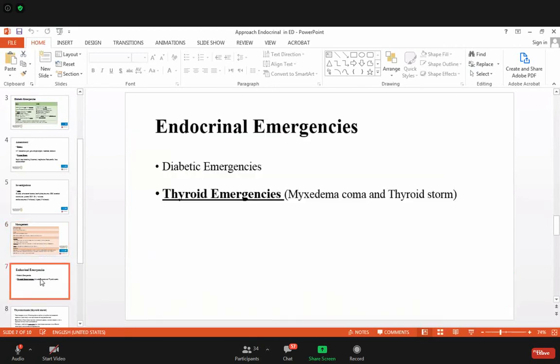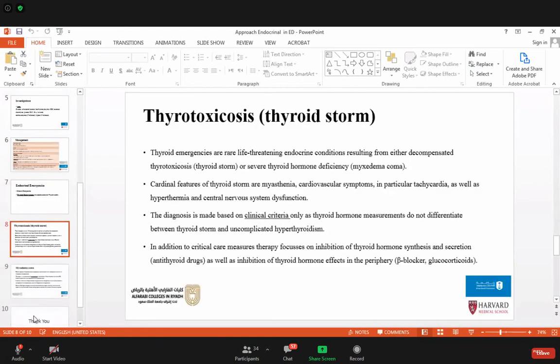Okay. So then we will move to the thyroid emergencies, the thyroid storm or thyrotoxicosis, whatever you want to call it. The key component to call it thyrotoxicosis, a thyroid storm, is to have altered mental status.